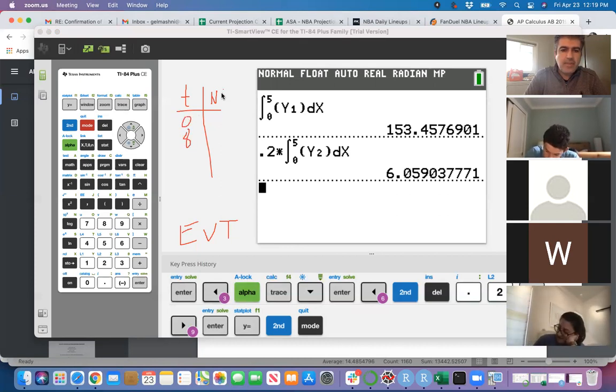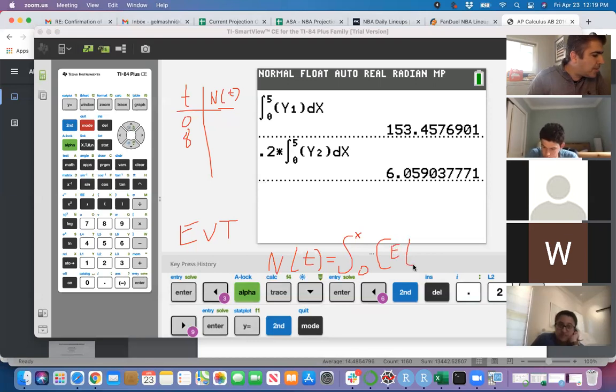And what does N of t represent? N of t is simply going to be the integral from 0 to x of E of t, and then it gives an initial number of fish, right? I don't think we were told that.